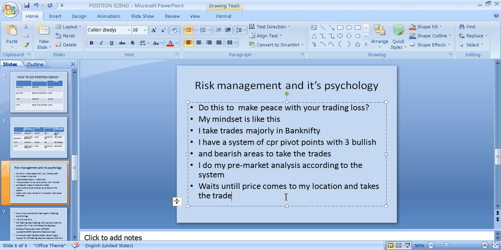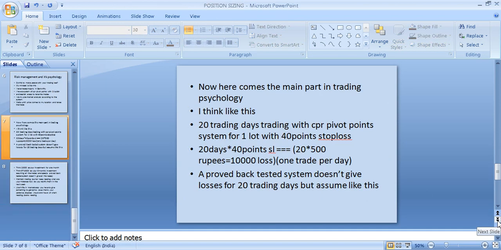No price movement should affect you until the price comes to your location. This is the number one rule. Don't feel all the price changes occurring on the charts every single day. That is not your business here. You are here to trade the indices or stocks only when the price comes to your location.